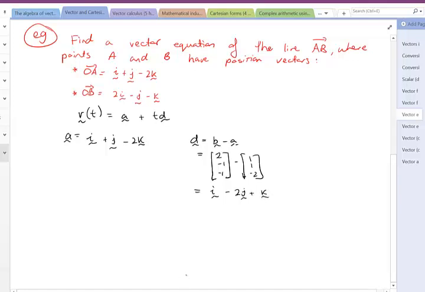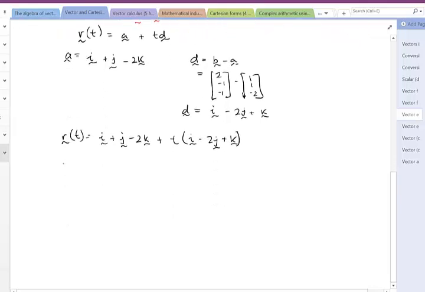Alright, so now we have what we need. We've got A and we've got the direction vector D. So our vector R is going to be i plus j take 2k, and then plus t multiplied by i take 2j plus k.